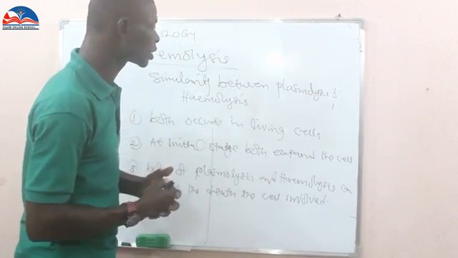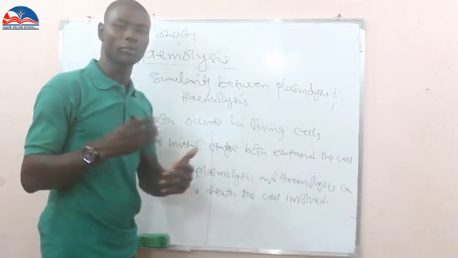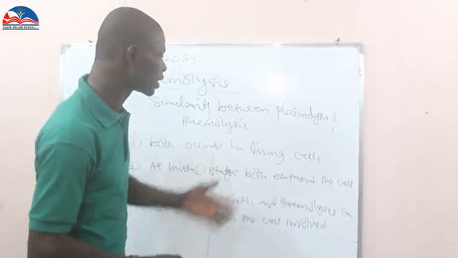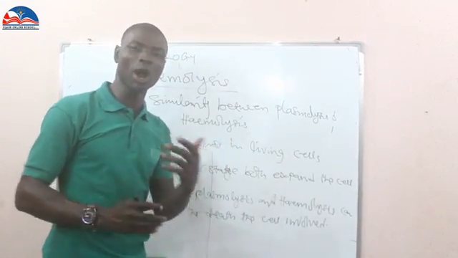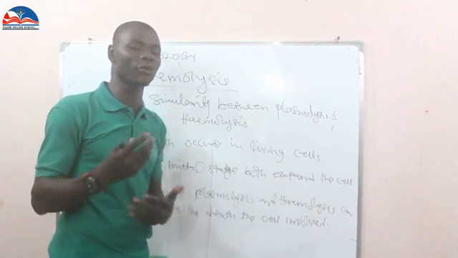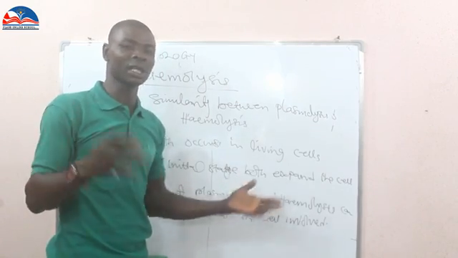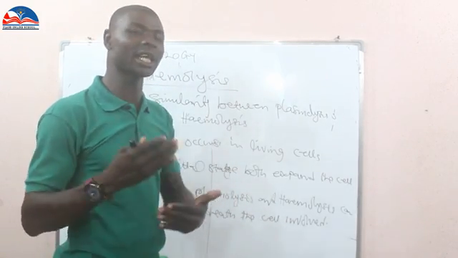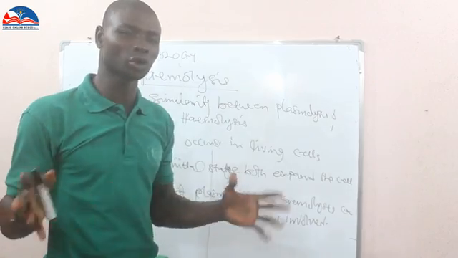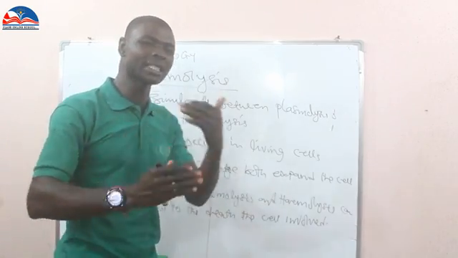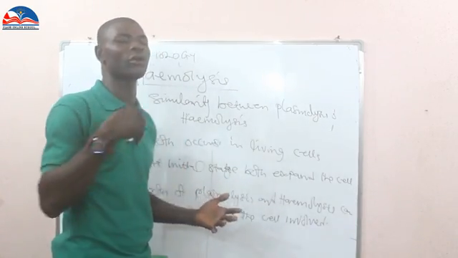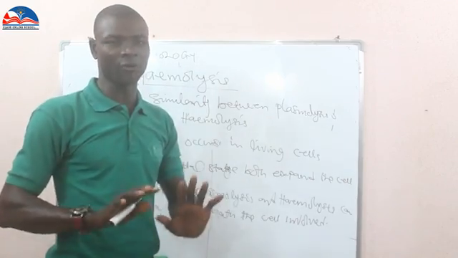Just as we discussed by the definition so far, plasmolysis is the withdrawal or outward movement of water from a living cell, therefore causing the cytoplasm and the cell wall to shrink. That is when excess water is getting out of the living cell of a plant.